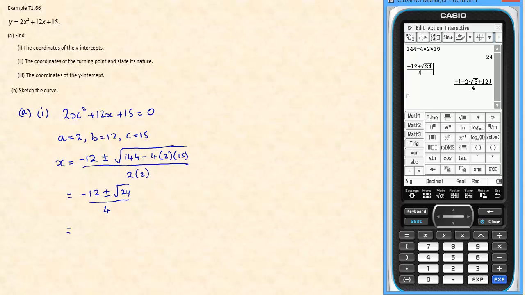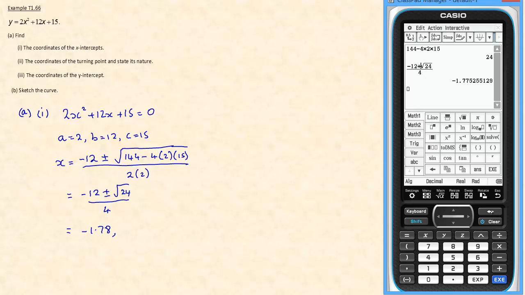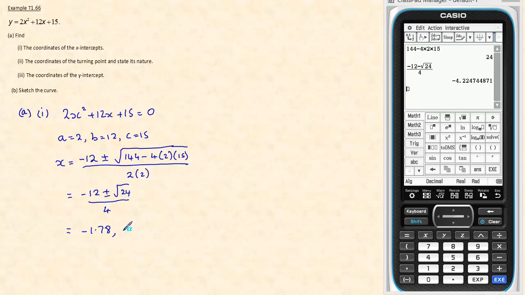Let's go back, change it to decimal, and that's negative 1.78. If we go to 2 decimal places, and then just go back and change that to a minus, negative 4.22. Correct to 2 decimal places.